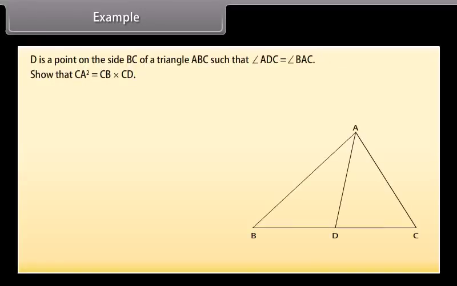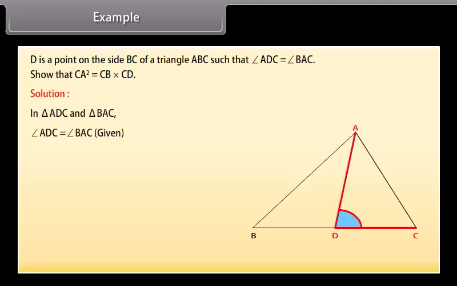D is a point on the side BC of a triangle ABC such that angle ADC is equal to angle BAC. Show that CA square equals CB into CD. Solution. In triangle ADC and triangle BAC, angle ADC equals angle BAC is given.